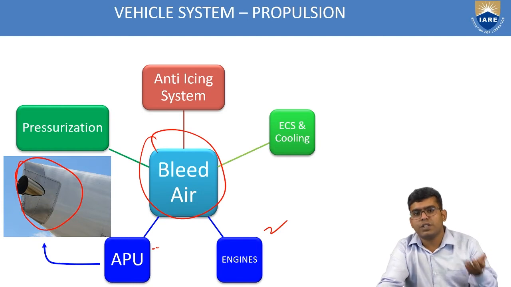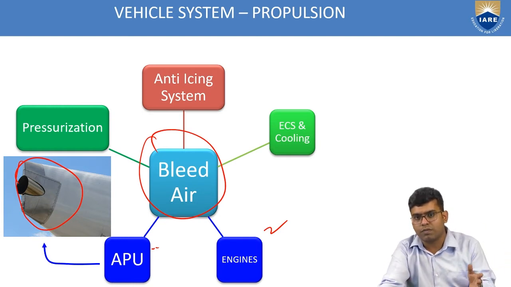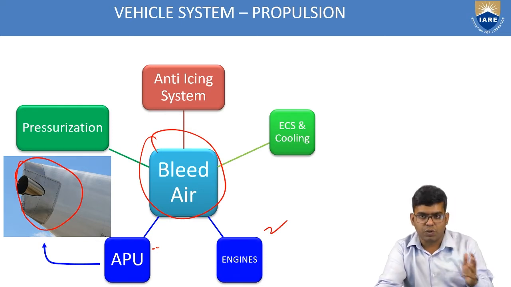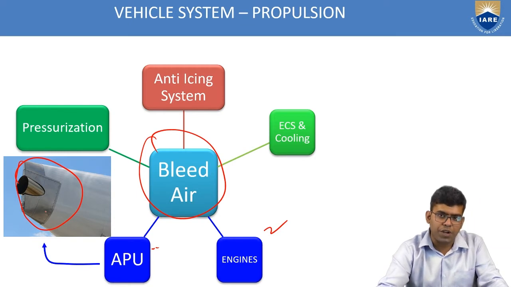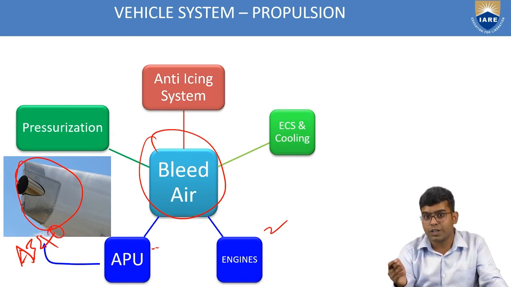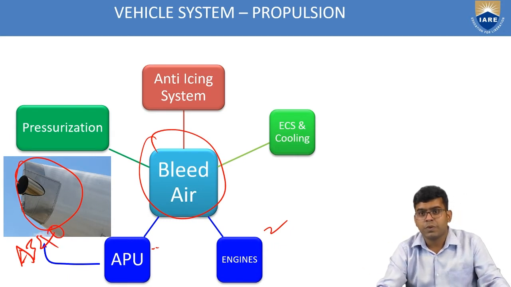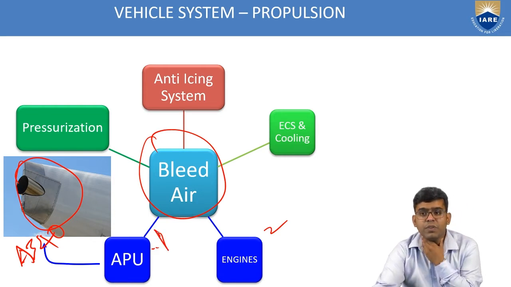It gives us power for hydraulic systems and other power control systems in the aircraft during the lifetime of its mission. This example is from the Airbus A340, where the exhaust is situated at the far end of the aircraft. So bleed air, as we can see, you are getting from the APU and from the engines.